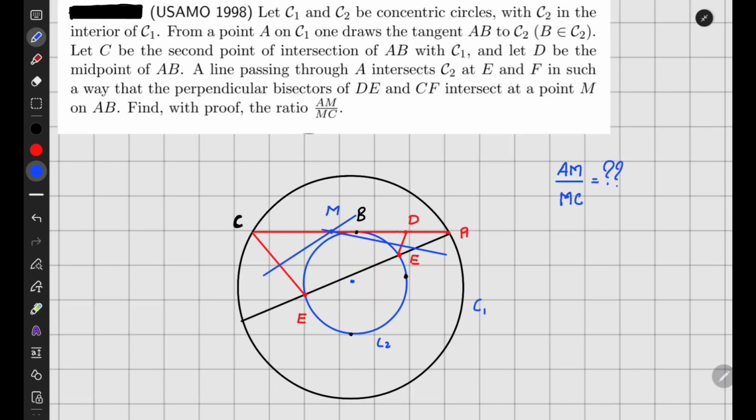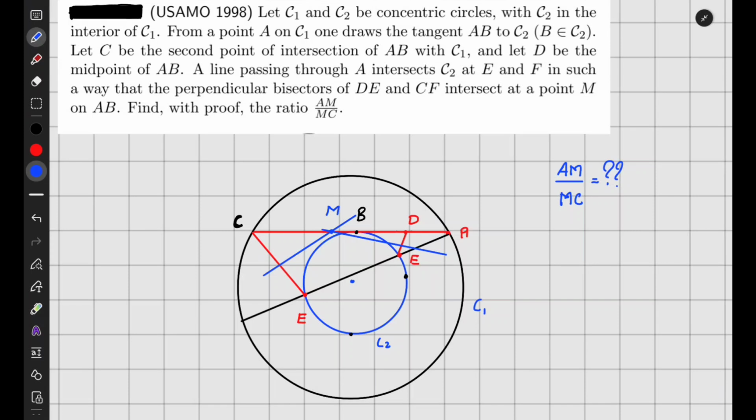If we are focusing on AM over MC, it looks like we must have some common parameter in which AM and MC can both be represented, and then that parameter will get cancelled, right? There will be something common to AM and MC, right?